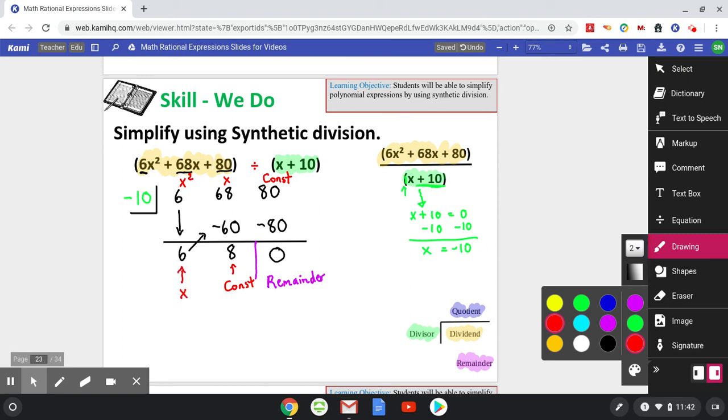We do not have an x squared anymore because the exponents went down by 1. Now when we write it down, it would be 6x plus 8, and because we do not have a remainder, this would be the answer.